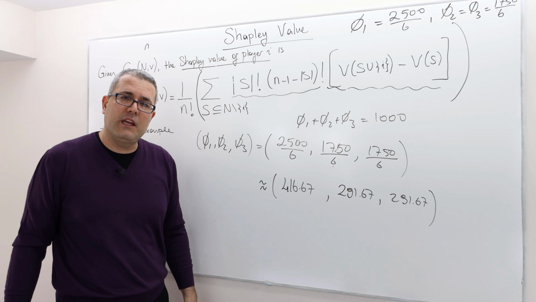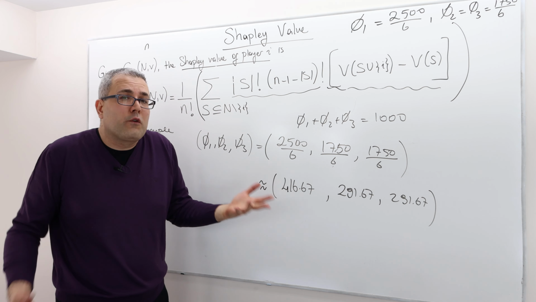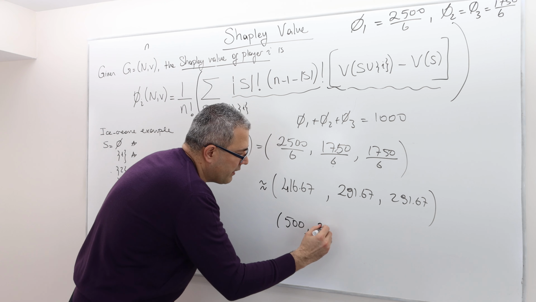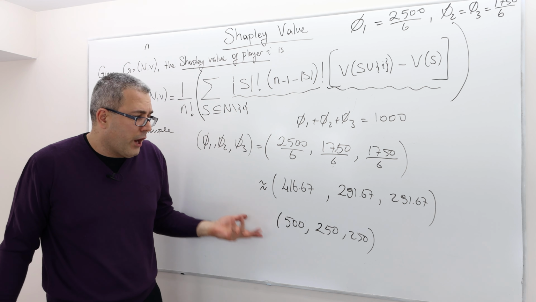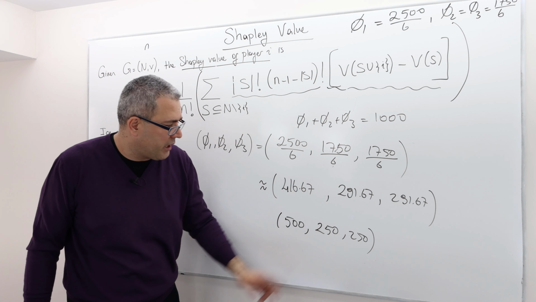And so this is roughly what the outcome should be according to Shapley's calculations. Is it more fair than, remember, I argued that this outcome is stable? I don't know. Player 2 and 3 are still getting the same share.